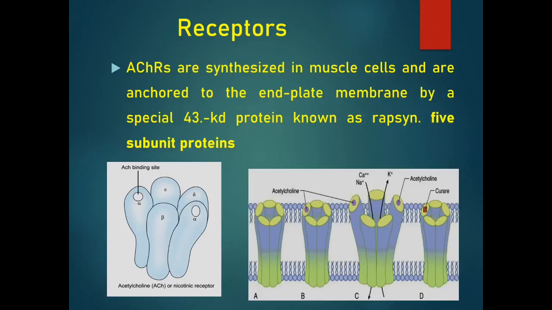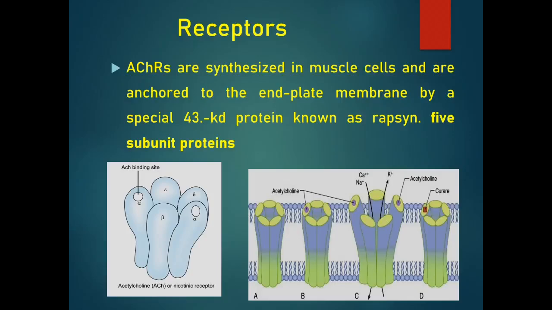So these channels are usually kept open until there is an efflux of potassium and the effect of the cholinesterase enzyme, which in turn promotes the closure of these channels. Now, one particular example I can give over here is the effect of the curare.